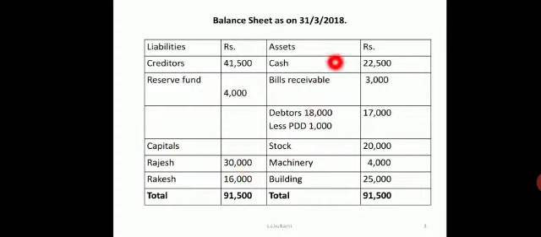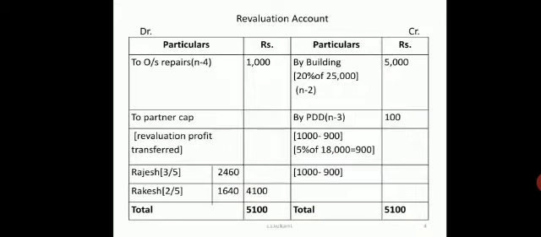Come to the asset side, cash in hand 22,500, bills receivable 3,000, debtors inner column 18,000 less provision 1,000, outer column 17,000, stock 20,000, machinery 4,000, building 25,000, total of balance sheet 19,500 and 19,500. Now we'll start with the solution.